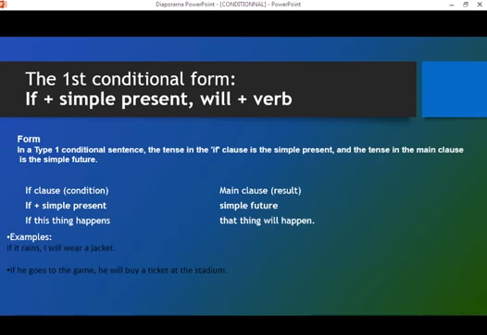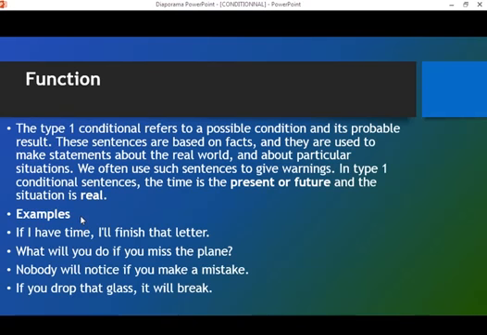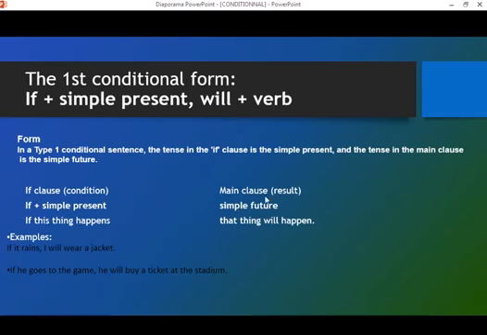Now let's move to the form of the first conditional. The form is if plus simple present, and in the main clause, we have will plus verb. As we see here, the if clause is the condition and the main clause is the result: if plus simple present in the if clause, and simple future in the main clause.